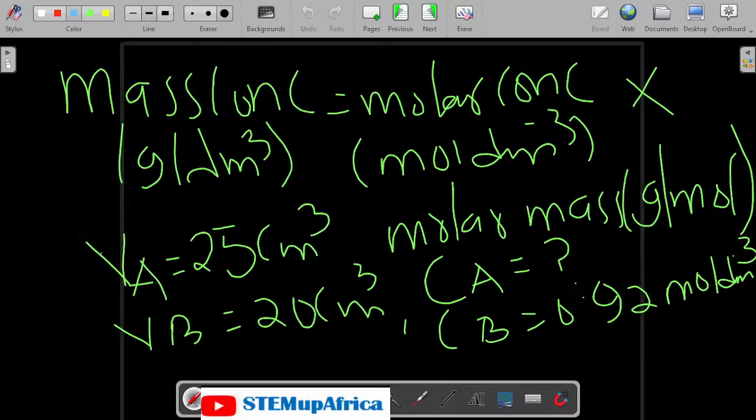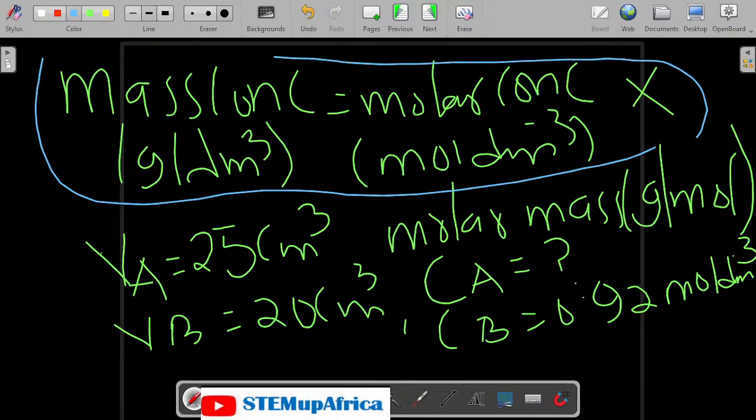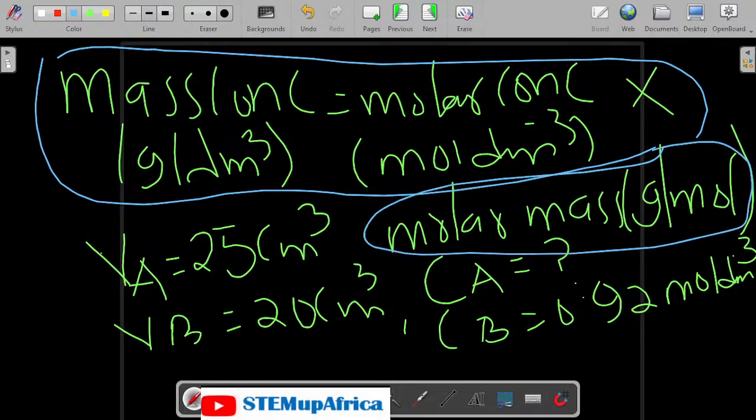Let's go back to the mathematical expression for mass and molar concentration. This is the relationship between both of them. We said mass concentration equals molar concentration times molar mass. So what is the molar mass of the acid? Don't forget the acid was HCl.